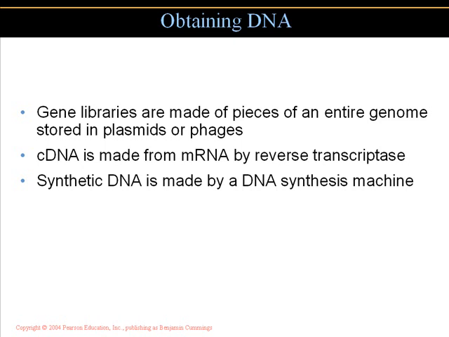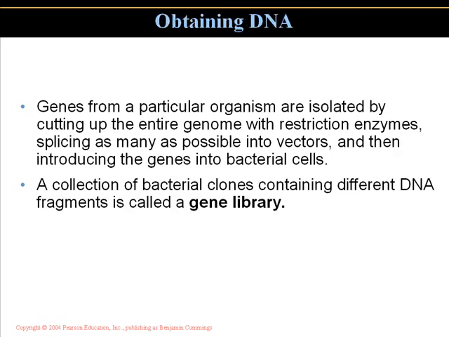Synthetic DNA is made by a DNA synthesis machine. Genes from a particular organism are isolated by cutting up the entire genome with the restriction enzymes that we talked about earlier. As you splice them, there are many possible vectors utilized to introduce genes into bacterial cells. These collections of bacterial clones containing different DNA fragments are known as the gene library.